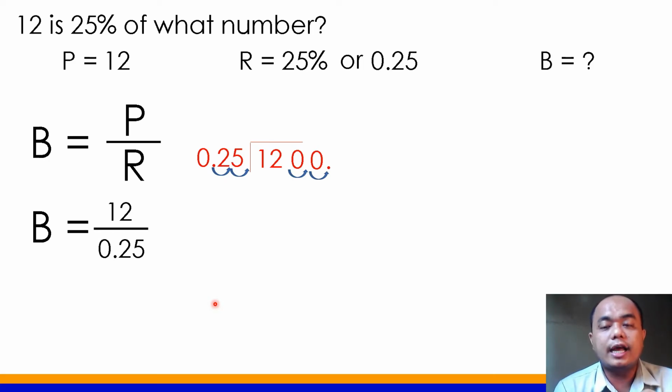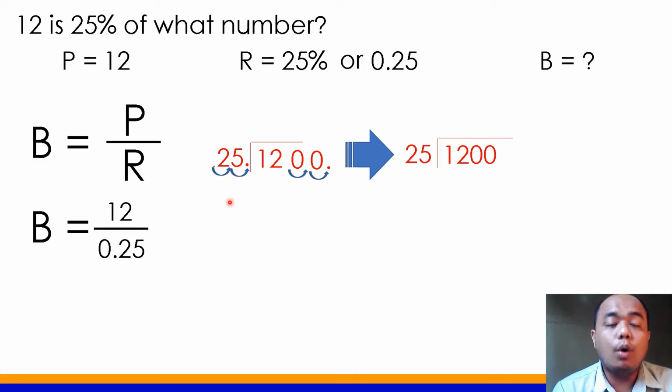Ito yung kadalasang ginagawa kapag base na ang ating kinukuha, no? And then, yung decimal point ng 0.25 dito, class, ita-transfer din natin dyan. Yan. So, para hindi ka malito, pwede mong isulat ng bago sa iyong papel ang new number na isosolve mo. So, yung 12 class, magiging 1,200 na yan.